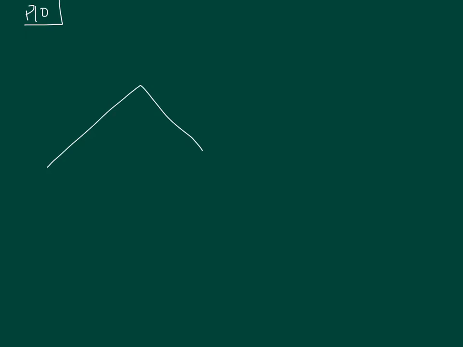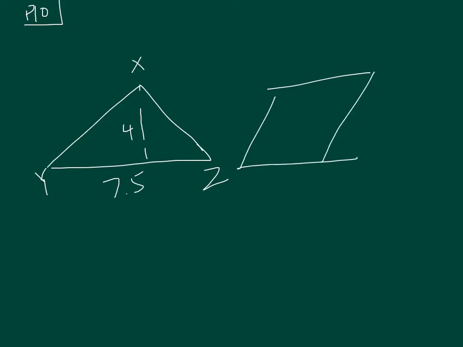We have one triangle XYZ with height 4 units and base 7.5. And we have a parallelogram with AB equals 4 and BD equals 4.5. The question is, do these have the same area? If these two figures have the same area, then what would be the height for this parallelogram?